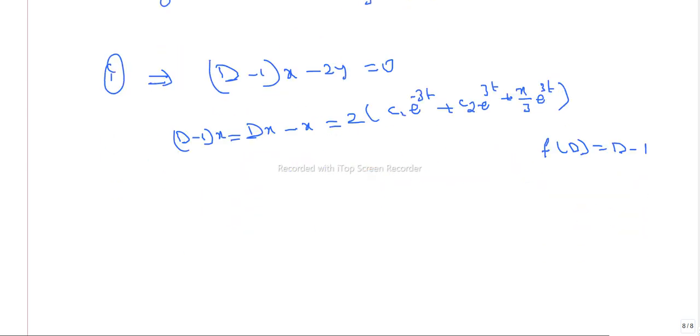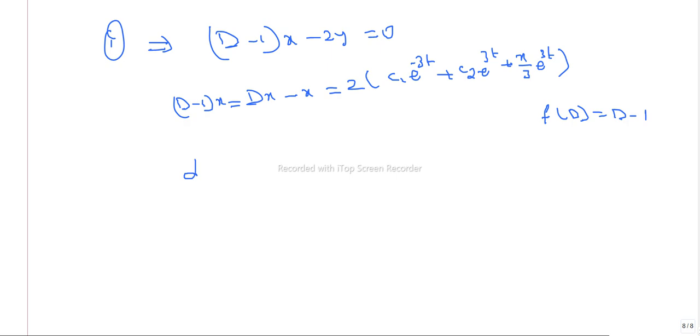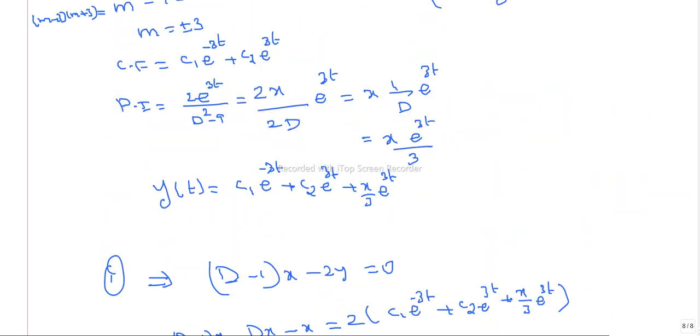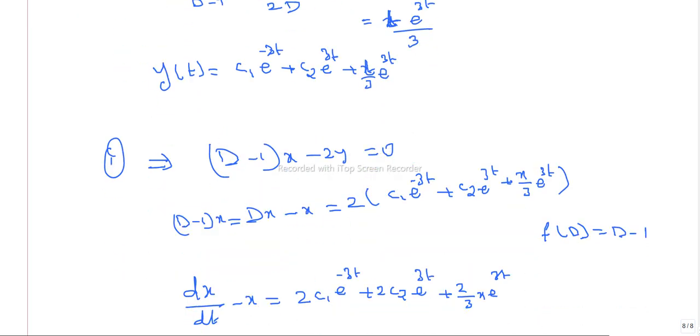If you rewrite, dx by dt minus x equal to 2c1 e power minus 3t plus 2c2 e power 3t plus 2 by 3 t e power 3t. Sorry, I put x here, actually it should be t, because t is the independent variable, right? So this should be t, not x.